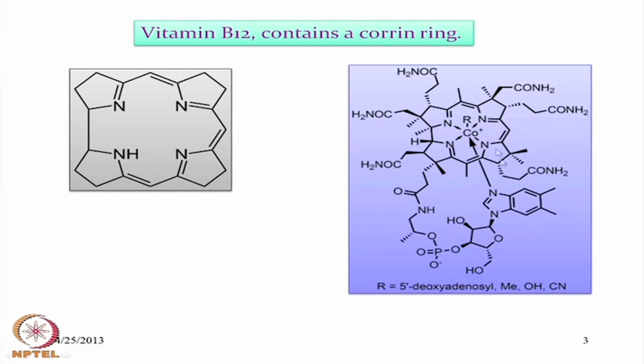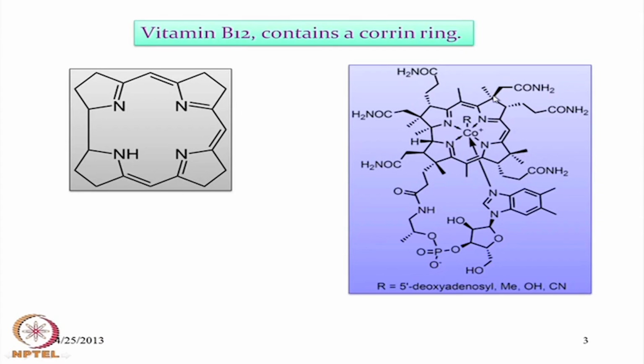But the entire connectivity of the system is pretty complicated, because in case of porphyrin, in case of myoglobin, we have the corresponding vinyl substitutions and the corresponding propionic acid side groups, but here the biosynthetic route is a little bit complex, giving us some pendant groups on the substitution positions of the pyrrole ring as the corresponding amide functions. So, most of them are amide. So, 6 of these positions are amide functions, then we can have the dimethyl functions.